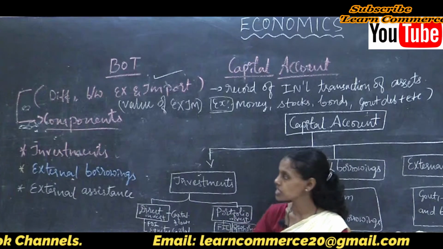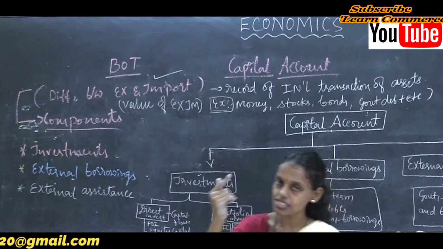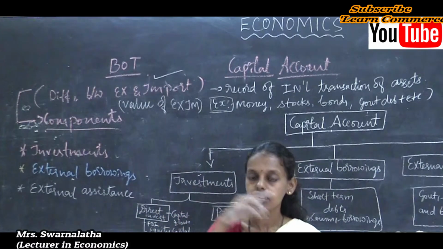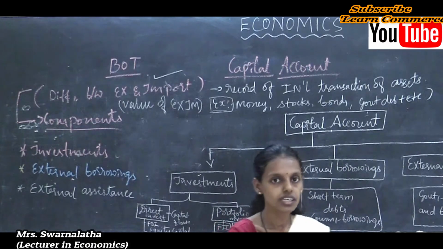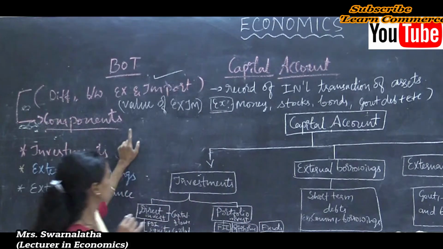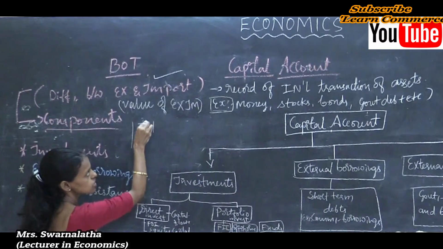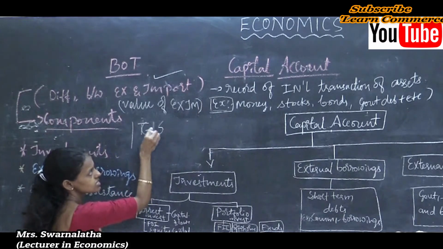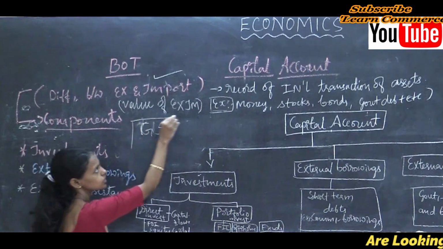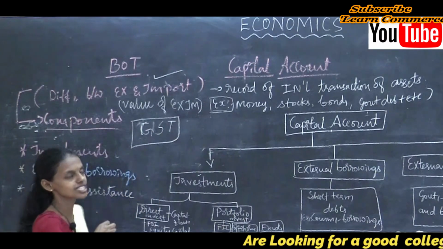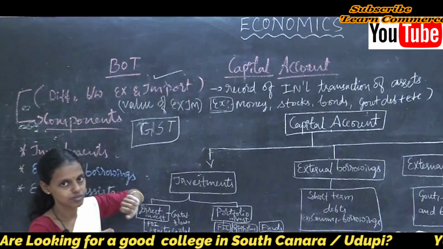So it is easy to remember through three words. Current account includes trade in goods, trade in service and transfer payments. Easily you can remember through GST, not goods and service tax here. So goods, service, transfer payments.